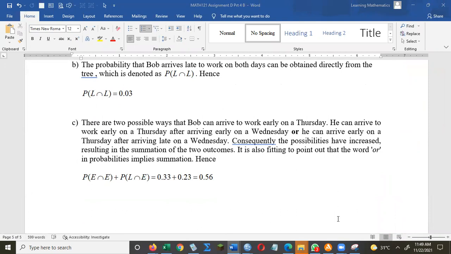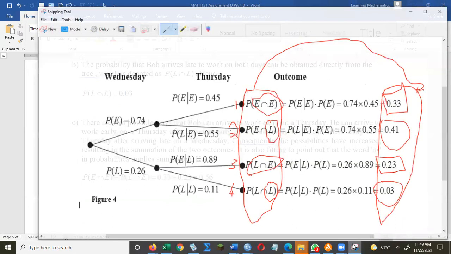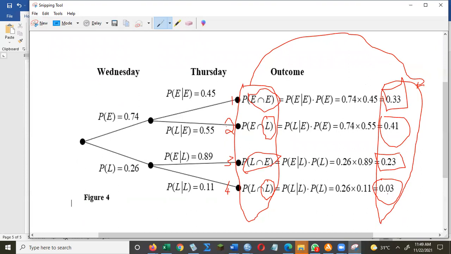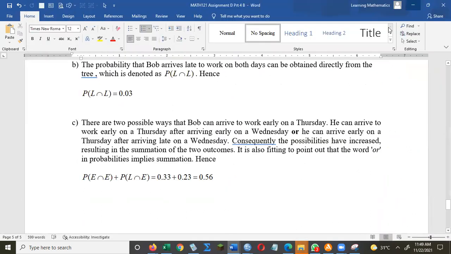So please apply that to the question. We first analyzed the late on a first day, so that's why we circled 0.41 and 0.03, but the question says early on a Thursday, so it's 0.33 plus 0.23 to give us 0.56. So please apply that to number 12 in the assignment.